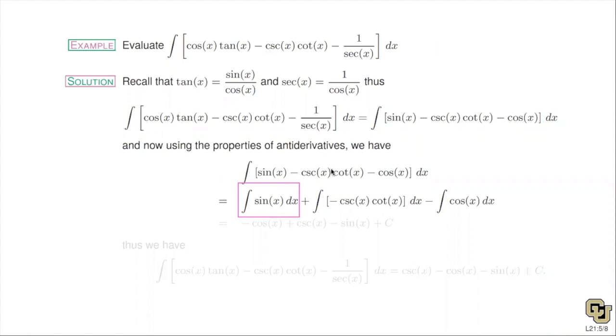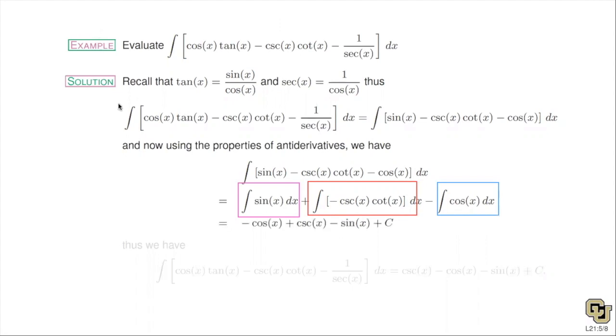For the second term, I brought the minus inside because I know from having memorized my derivatives that the derivative of cosecant is negative cosecant cotangent. So I know the antiderivative of this entire term I can just replace with cosecant. Finally, I ask myself, what's the antiderivative of cosine? I know the derivative of sine is cosine.